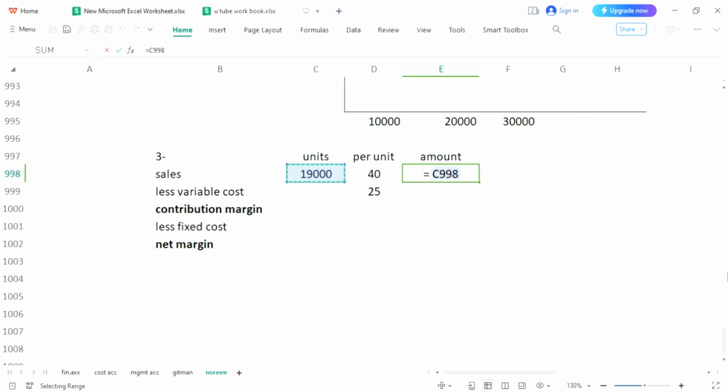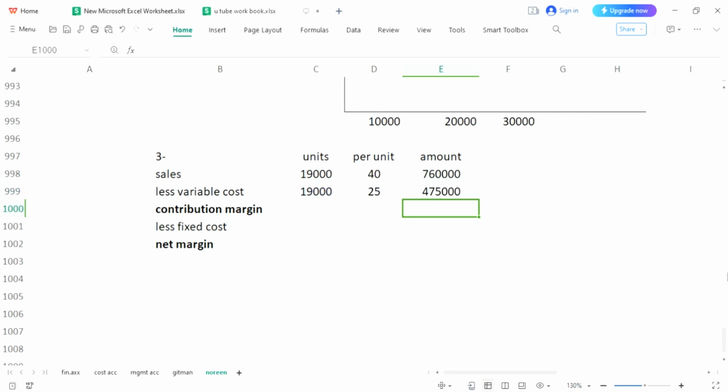These are units, 19,000, and multiply it with 40 per unit. So we have got our sale price. In the similar way, as I have told you, number of units for sale price would always be similar to number of units with variable cost. So now we can calculate our variable cost. Units are 19,000, and you will multiply it with 25 per unit variable cost.